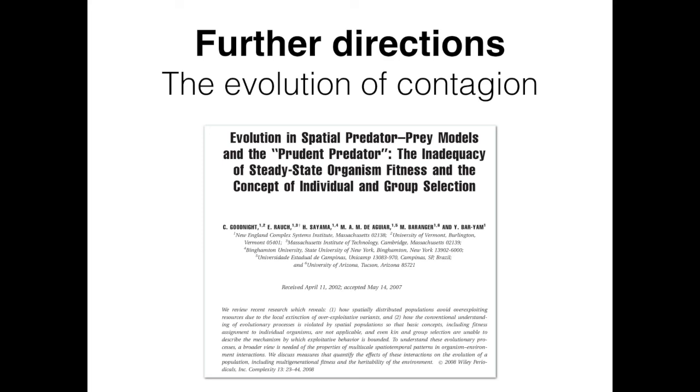Let's talk further directions with these models. So jumping back to our host-pathogen model, this can be used to think about the evolution of contagion. If one posits a simple mixed population of near infinite size and considers the evolution of pathogen virulence, so imagine a giant population with everyone mixing fiercely like a cloud, you must conclude that pathogens should evolve to be as contagious as possible, right?